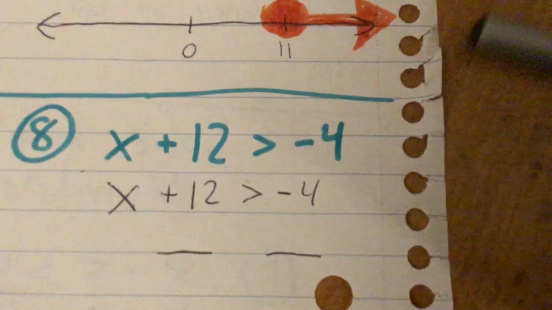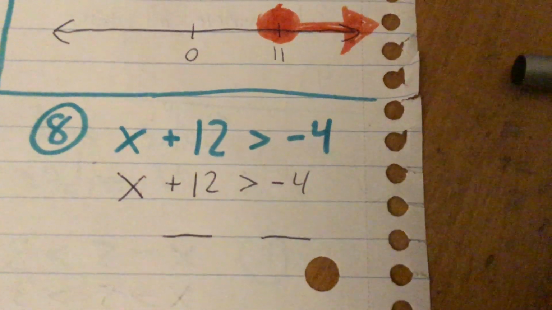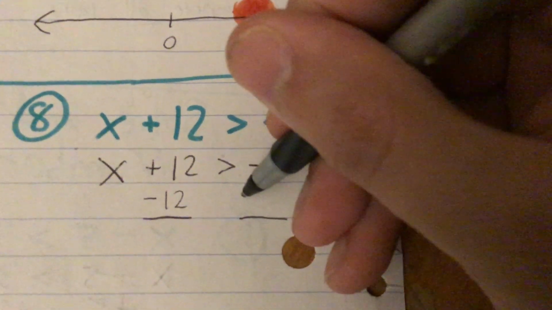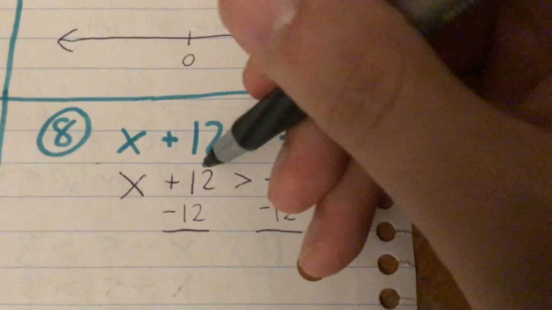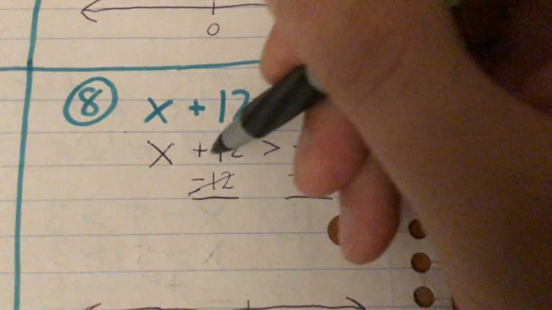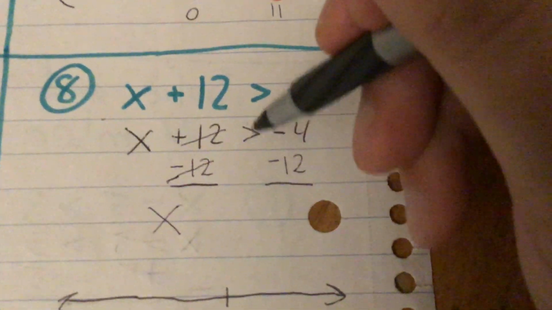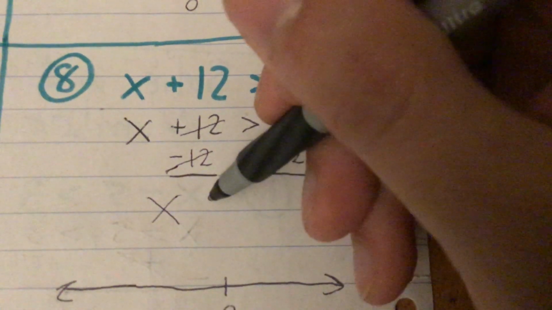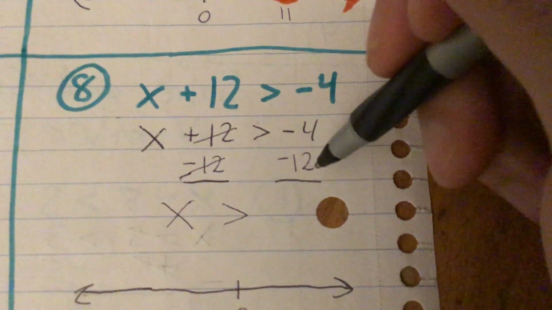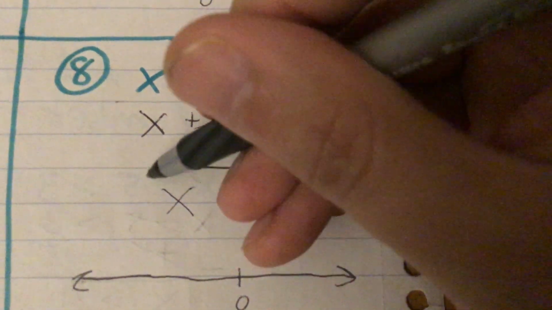Same thing over here. If this was x plus 12 equals -4, I would subtract 12 from both sides. And now positive 12 and minus 12 cancel each other out. And now I've got x isolated. Because I subtracted from both sides, the inequality symbol stays the same, greater than. -4 minus 12 becomes -16.